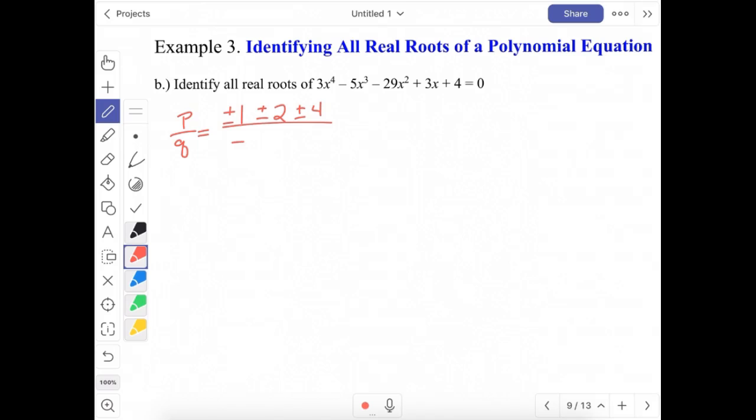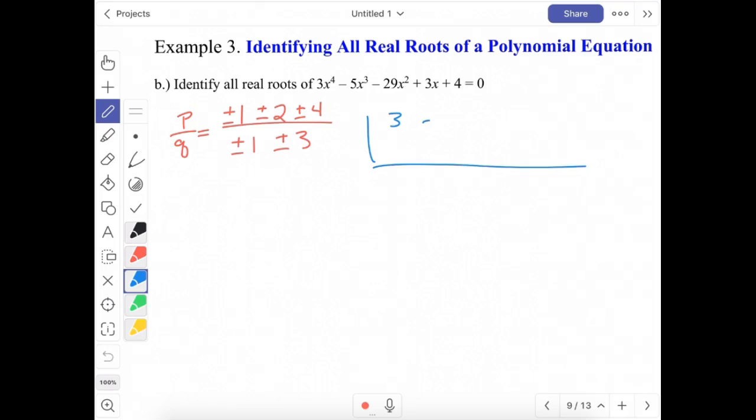In the bottom, we'd have plus or minus 1 or plus or minus 3. So working these out, again, I've already worked these out, so I already know the ones that work out. Make sure that you give it a chance. It's not hard, it's just a lot of work to find the right one.